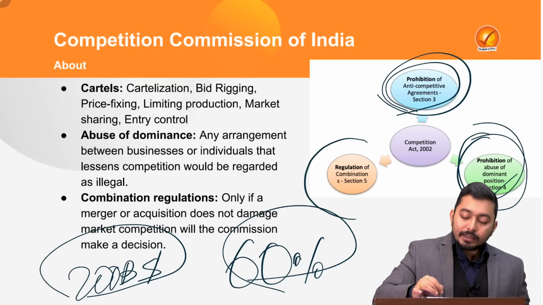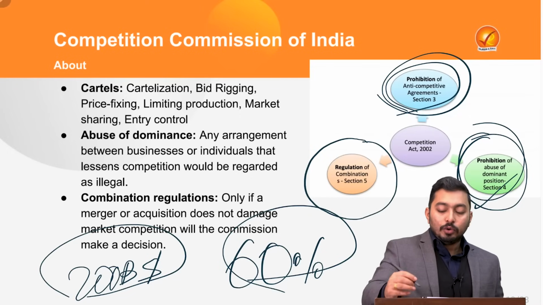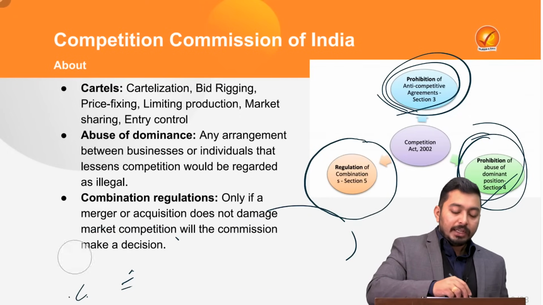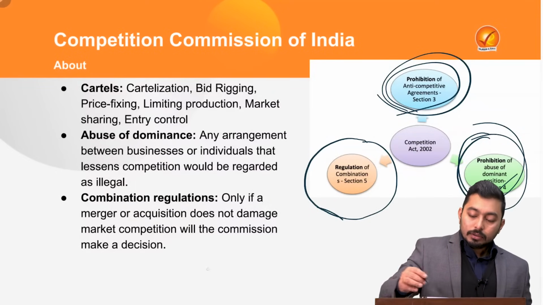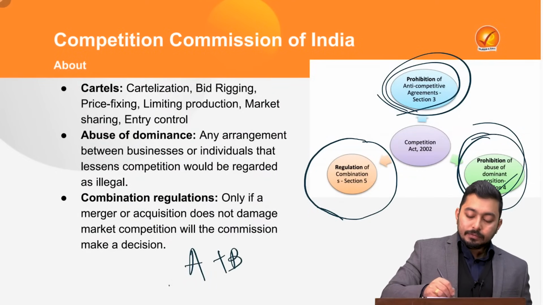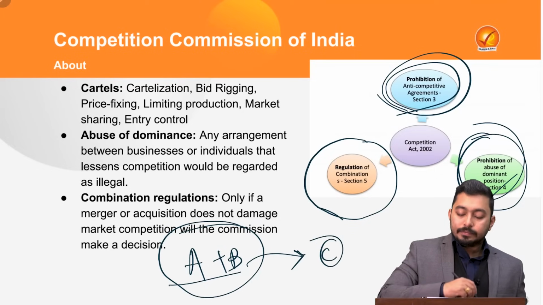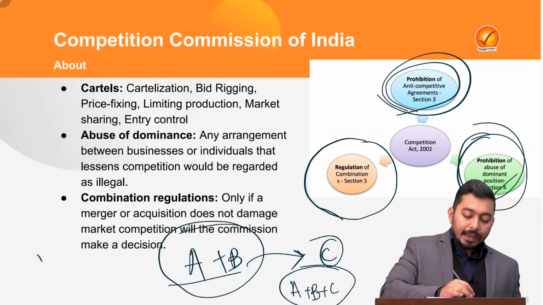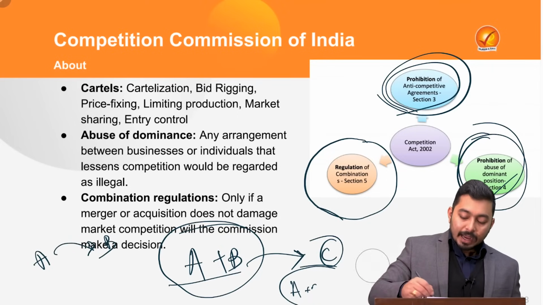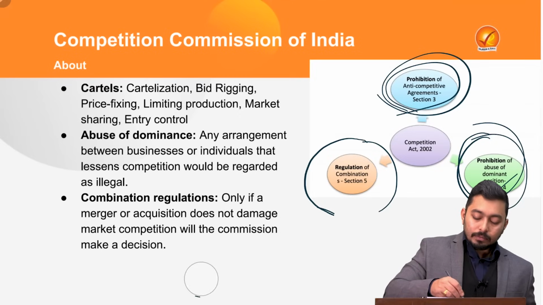Then we are looking at regulation of combination. What do you mean by combination? So, A plus B acquiring C, or A plus B plus C simply. A can buy out B. Please understand this, I can buy out a company simply.